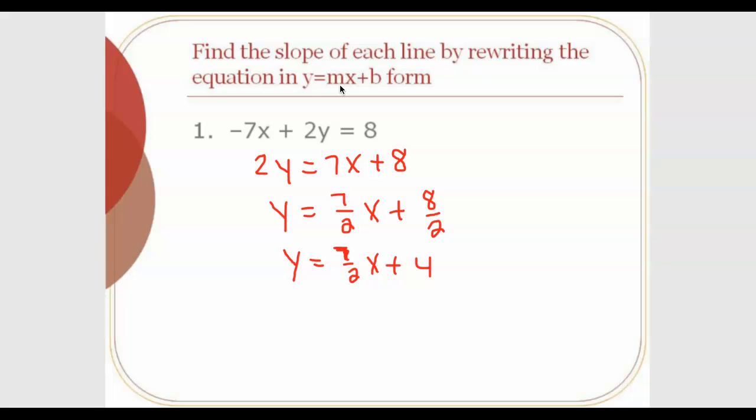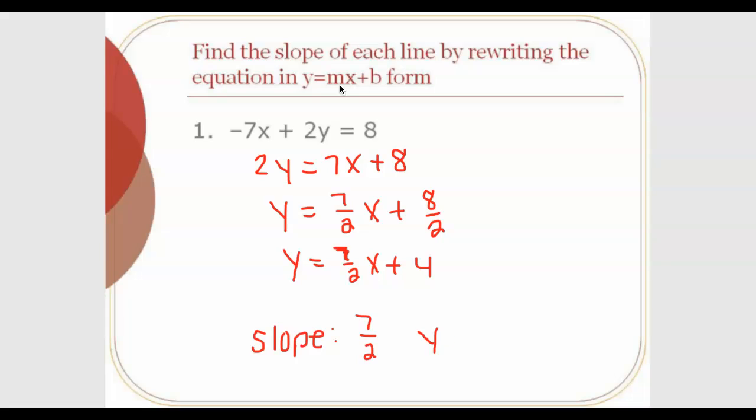And then the slope of the line is the value in front of the x. So the slope is 7/2. When identifying the slope, you do not write the x variable. The x represents a point on the line. It is not part of the slope.